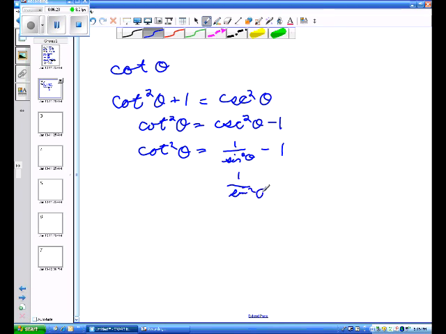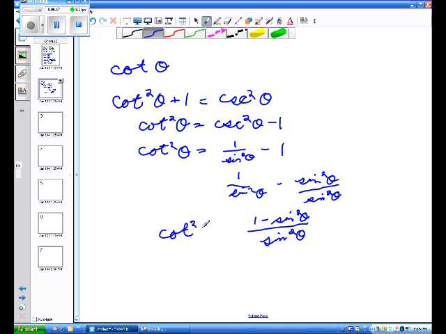So we have 1 over sine squared, and 1 is sine squared over sine squared. So this would be 1 minus sine squared over sine squared.